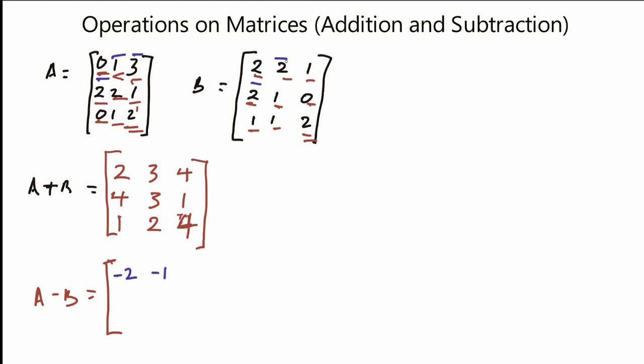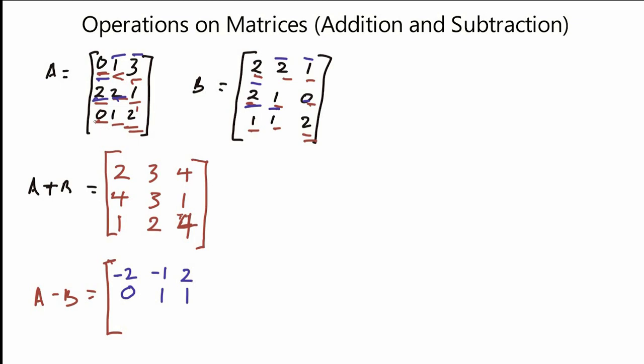Then 3 minus 1 on our calculator should give us 2. Then we have 2 minus 2 should give us 0. 2 minus 1 should give us 1. And lastly, 1 minus 0 should give us 1.